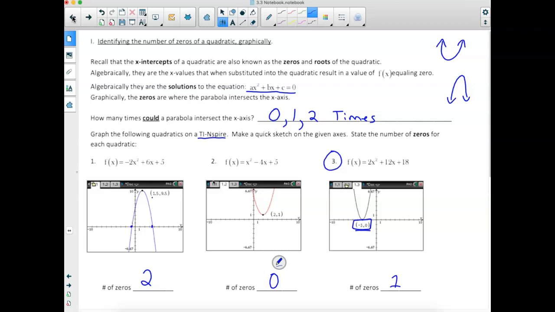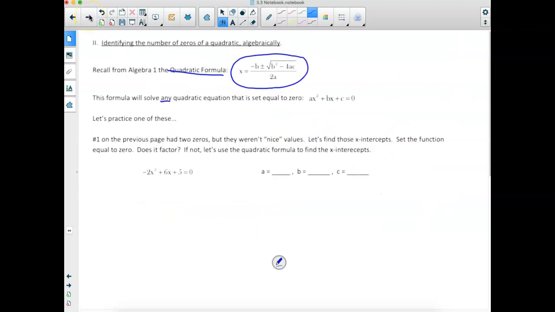And actually, that's probably going to factor for me as well because they're pretty nice values, 1.5 and 9.5. So that would factor, but they're not really what we call nice values. Nice values are whole numbers.